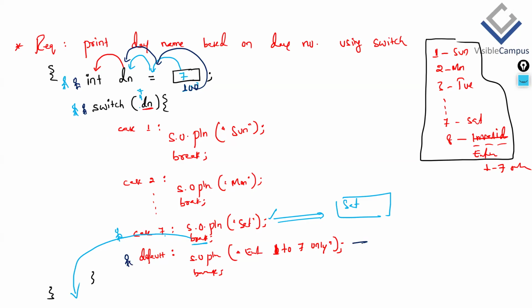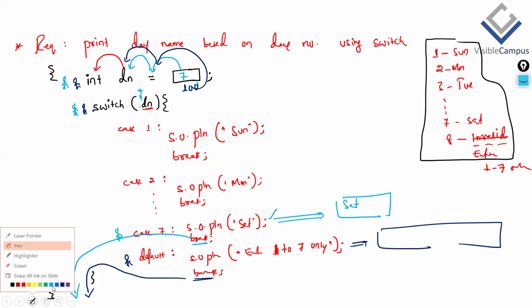This print statement, and the same thing we are going to get in the output. Then break, then execution comes out of the switch. This is how the switch blocks will be executed. Only the matching case label, if it is there; if it's not there, default. That's all. Understood?